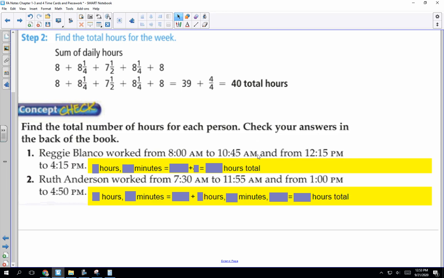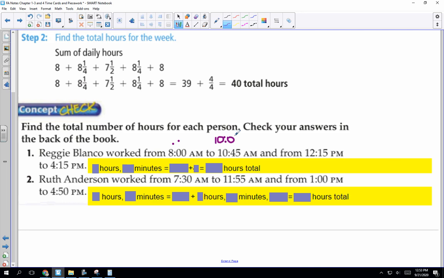All right, let's do some concept checks. Our buddy Reggie worked from 8 a.m. to 10:45, and then from 12:15 to 4:15. So if you count, I'll put the dots so that you guys can see. 8 to 9 is an hour. 9 to 10 is an hour, and we don't get all the way to 10:45.